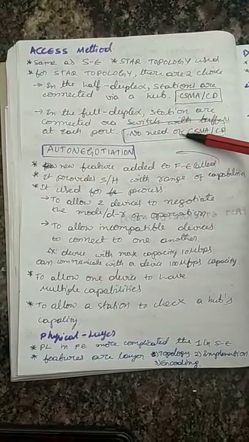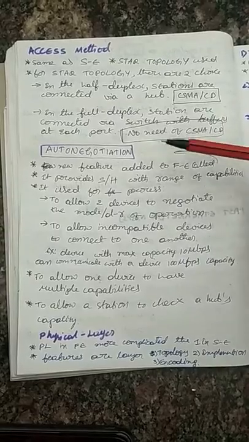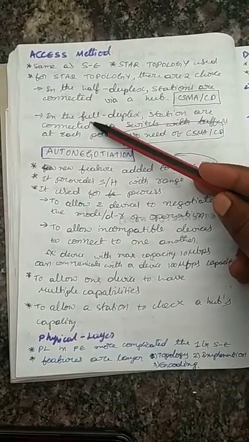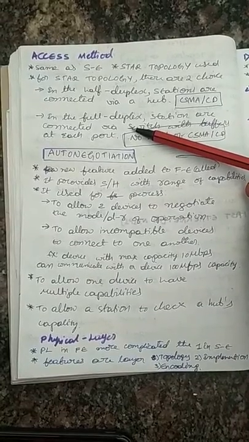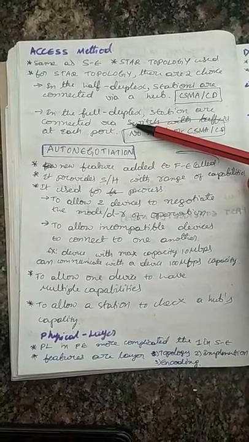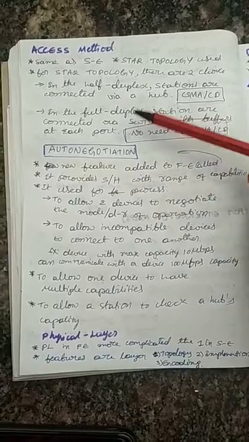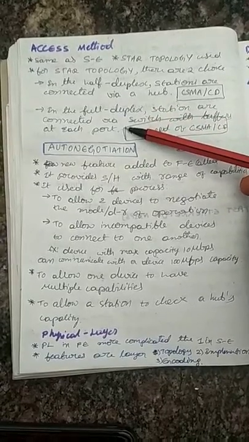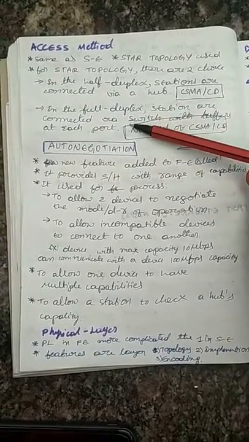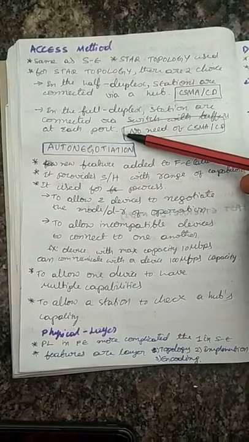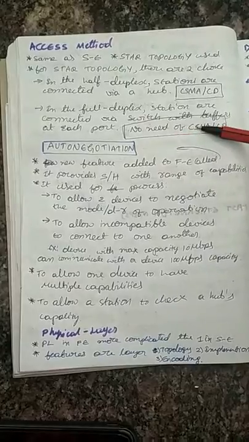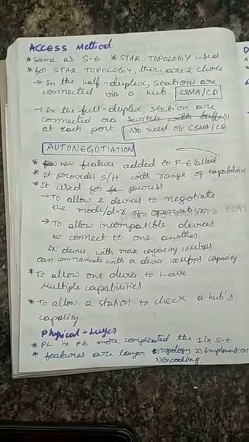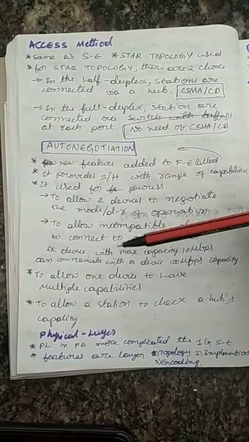Here no need for CSMA/CD, because for full duplex we are using two wires, one for receiving and another for sending. Receiving and sending are done at the same time, so there is no collision, so we don't need CSMA/CD. That's it.